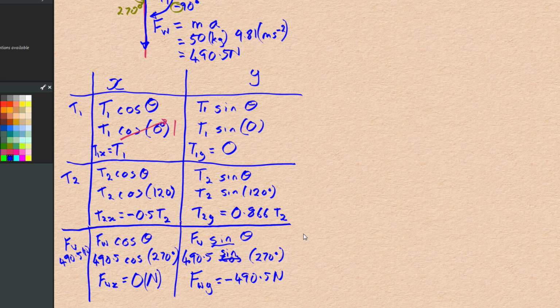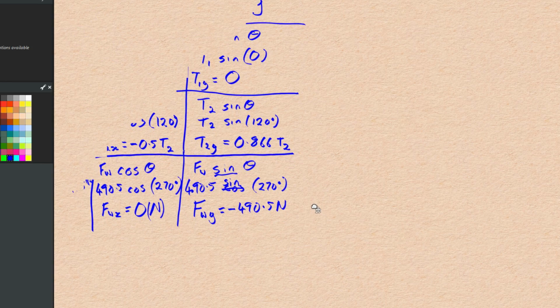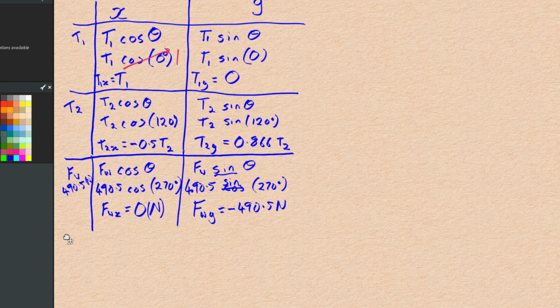The last thing that we're going to use our table for, as we come down here, is this light is not moving. I should do it at the top, but I don't have room.